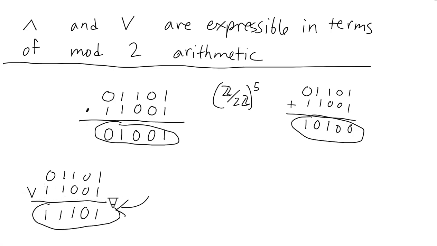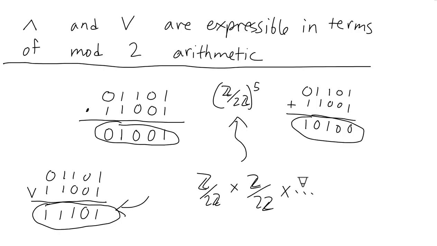So meet and join can be expressed completely in terms of just the natural ring structure with addition and multiplication in Z mod 2Z to the 5. So that's Z mod 2Z cross Z mod 2Z cross dot dot dot. So we have 5 of them.